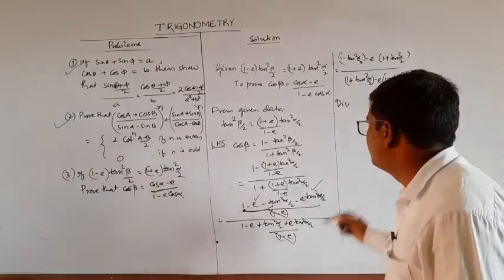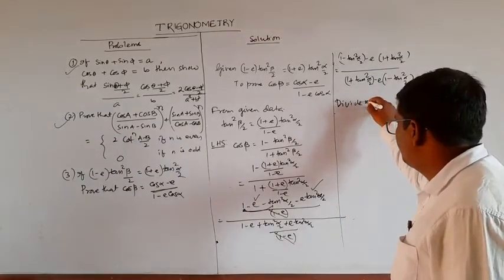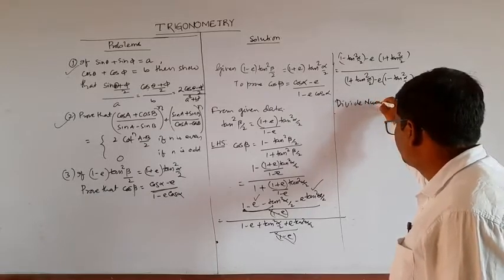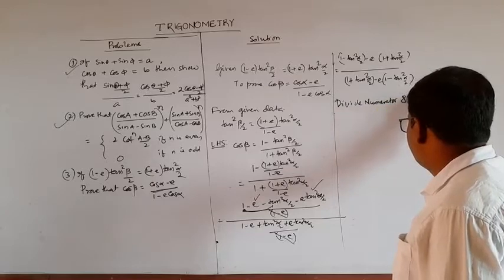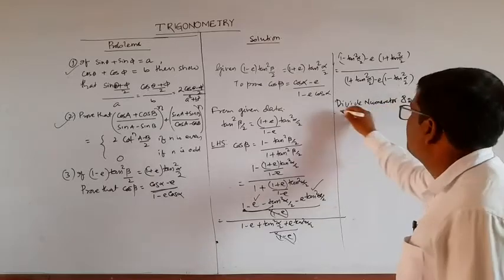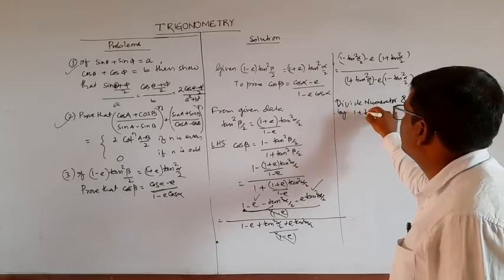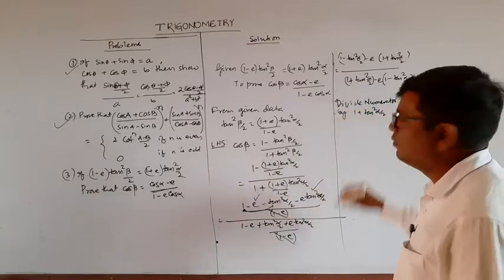So divide numerator and denominator by 1 plus tan square alpha by 2.